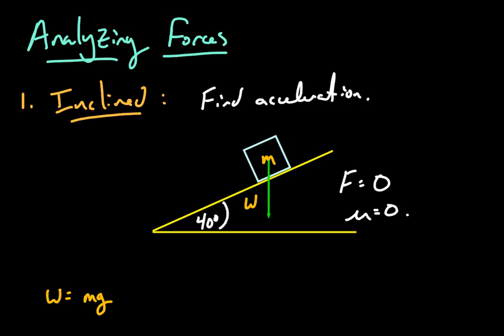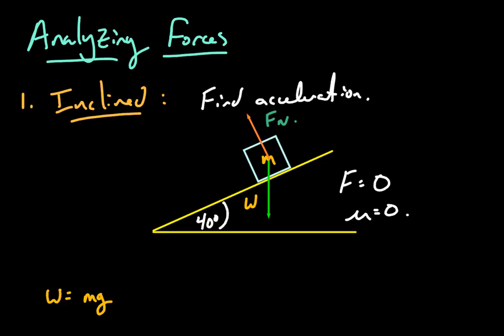We also know that there'll be a normal force on this object, and that normal force will be perpendicular to the surface. Now the thing about the normal force in this case is because there's an angle, the normal force is not equal and opposite to weight anymore. We'll define that as Fn.